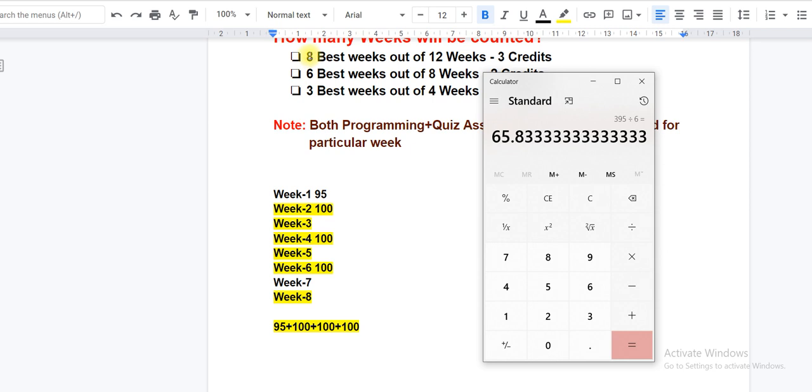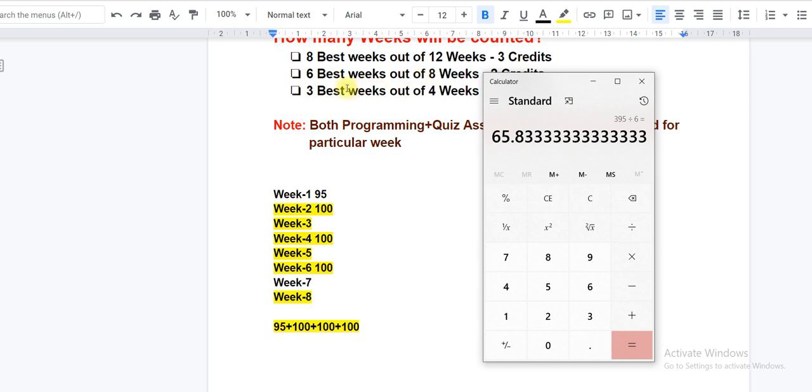By what number will NPTEL divide? The sum of your best scores, divided by the best week number, right? If your course falls under this criteria, NPTEL will sum your assignment scores and divide by this 8.